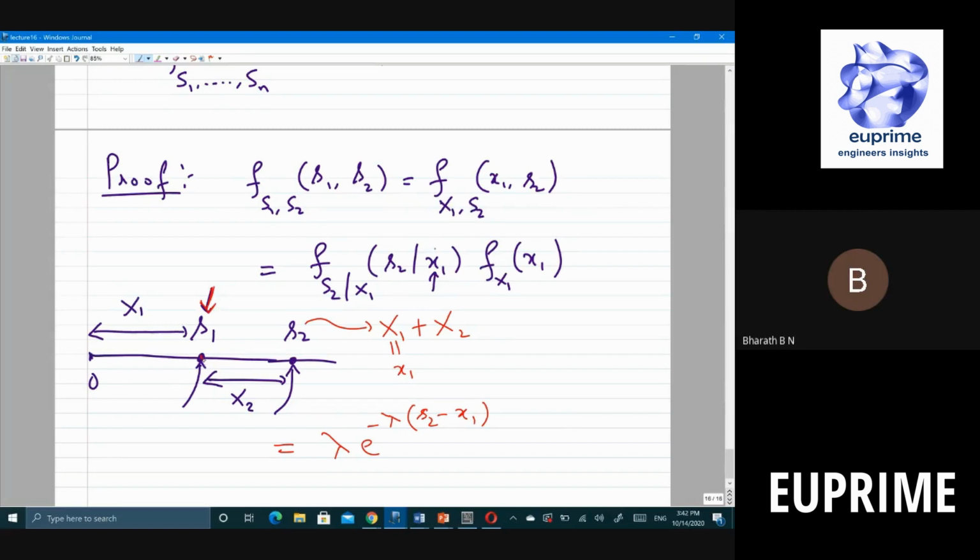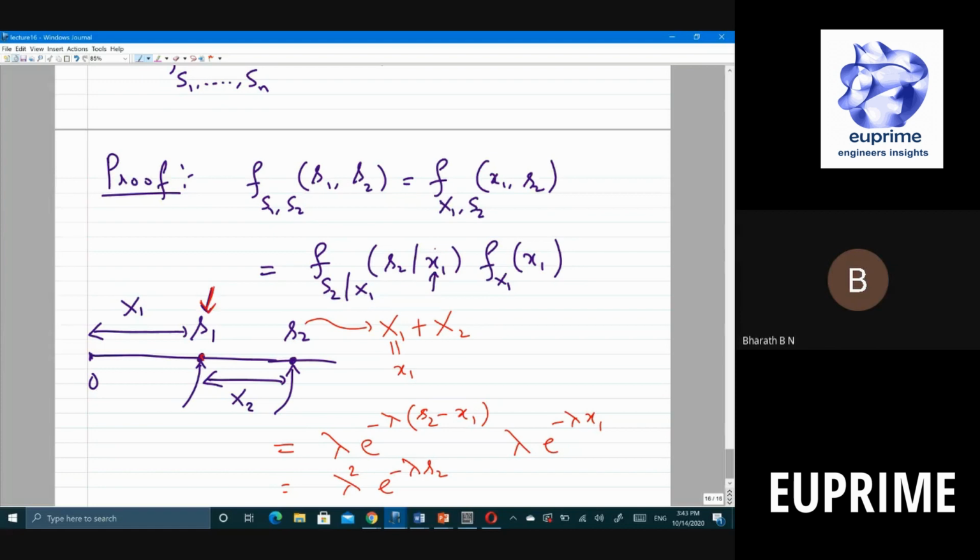Conditioned on x1, S2 is basically x1 plus x2, small x2. I know the distribution of x2, so I use that. So what will be this? This is e^(−λx1). So what is the answer? λ² e^(−λS2). Well, it is independent of S1, which makes sense. If you are looking at the joint density and I know the most recent arrival, it doesn't matter what happened before.